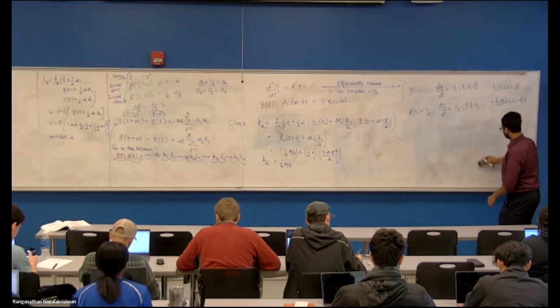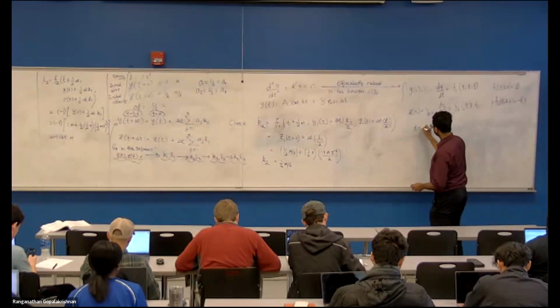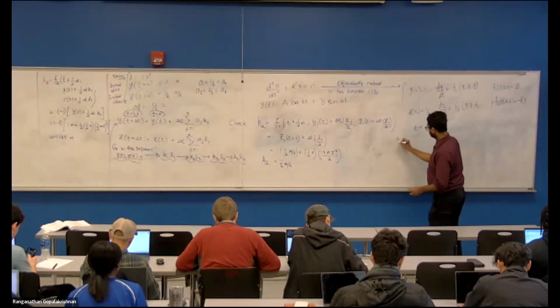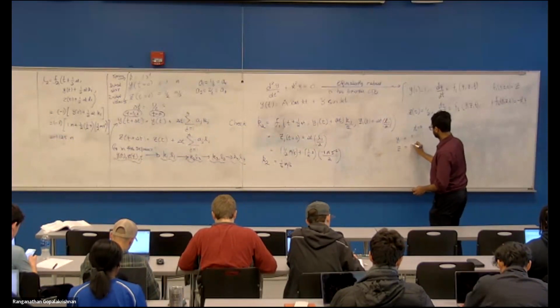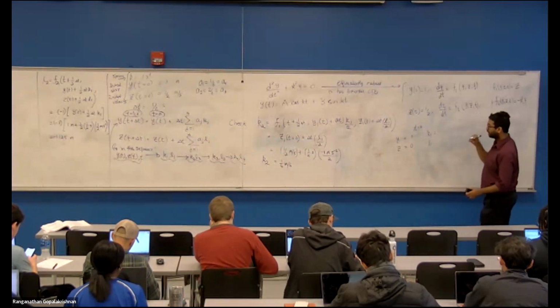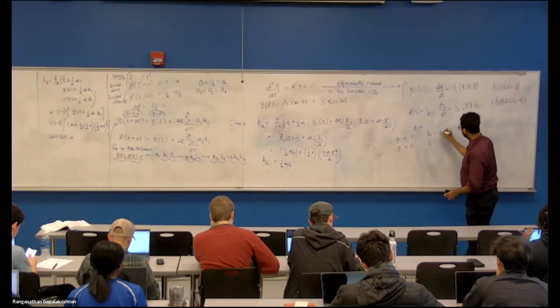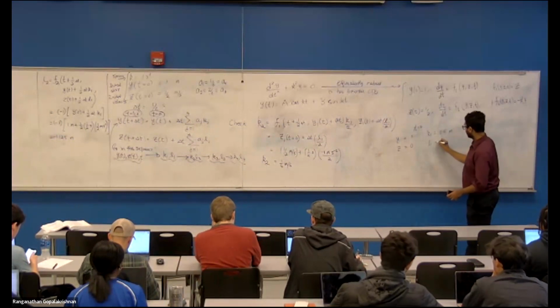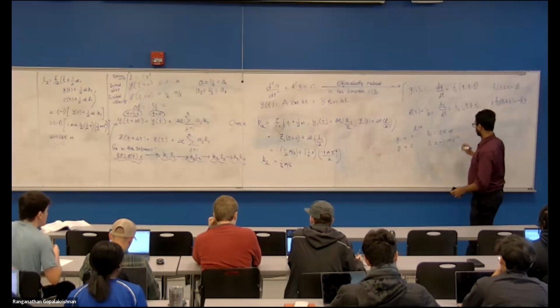So I'm going to create a small table here. At time 0, my y value is 1, z equal to 0. When I do K1, L1, what is K1? Can somebody tell me? 0.5? 0.5 meters, and L1 is -1 meter per second squared.